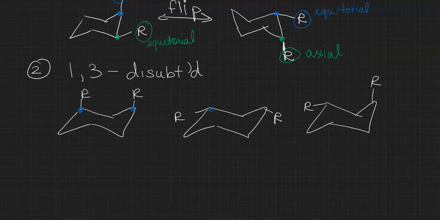So here, showing our 1,3 position. And what you will notice, again, we can do our horizontal lines. So if both groups are axial, the structure is cis.